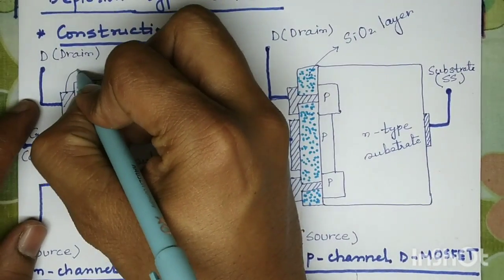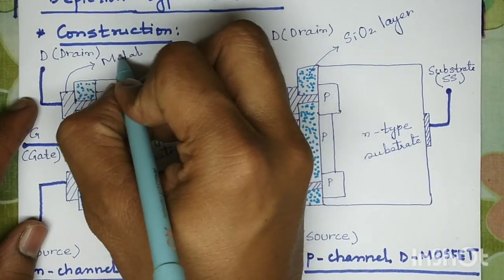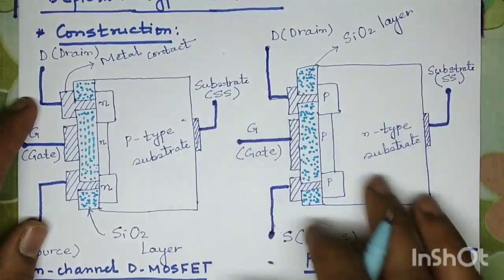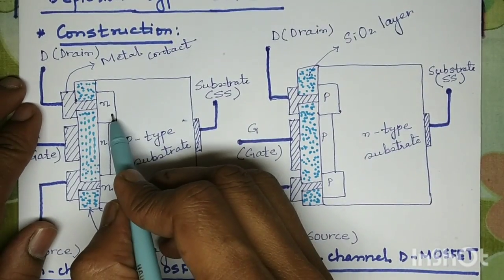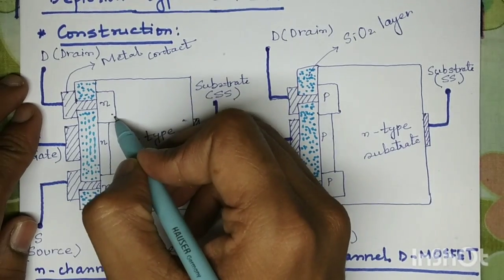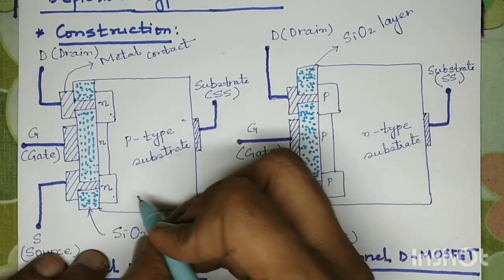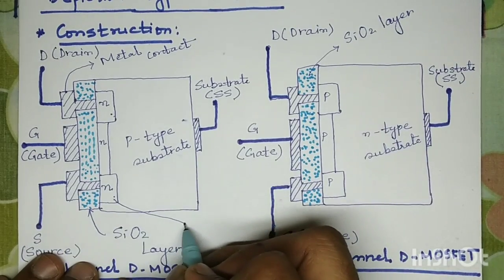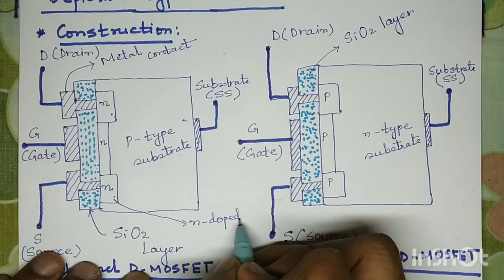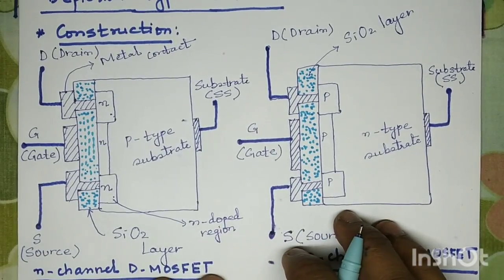This shaded region represents the metal contact. This is the n-doped region, and this is another n-doped region.